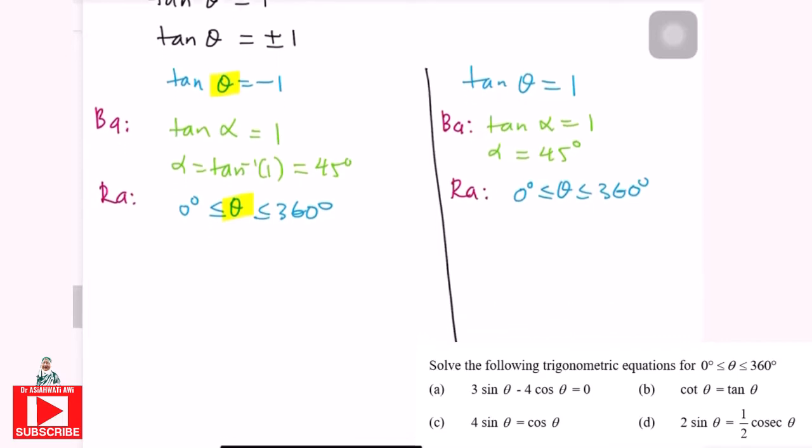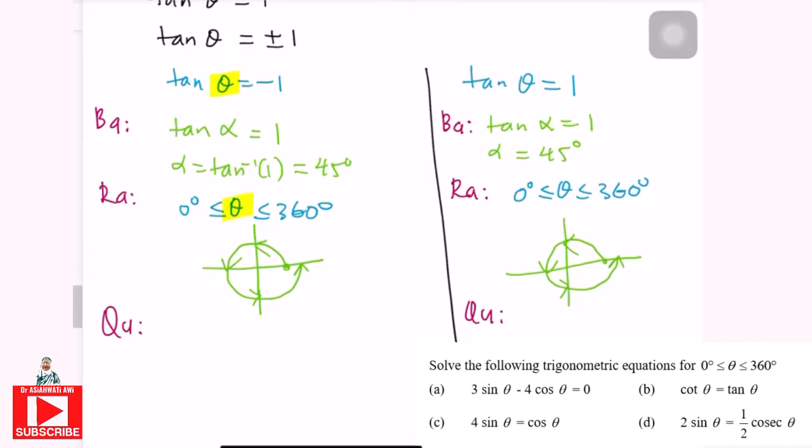Then do the special diagram. Positive X, starting here, positive X, anti-clockwise until one circle like this. Here also the same, you do the same thing, one round and stop, anti-clockwise direction, settle.